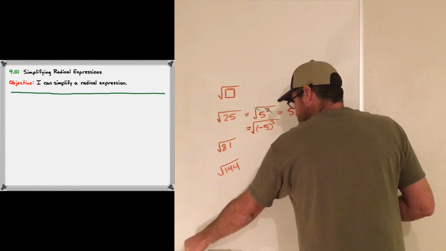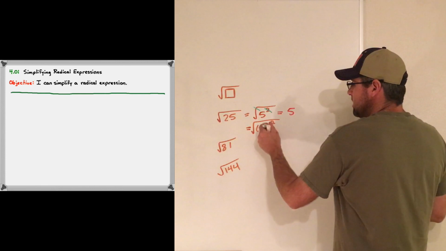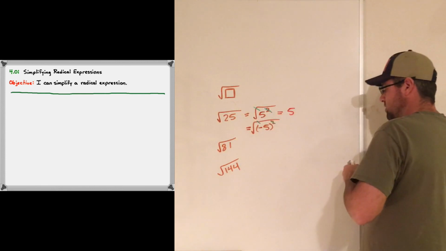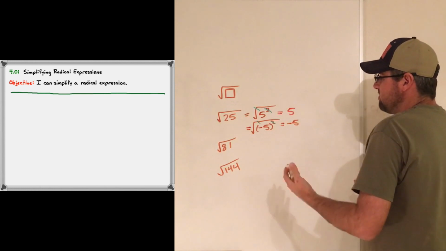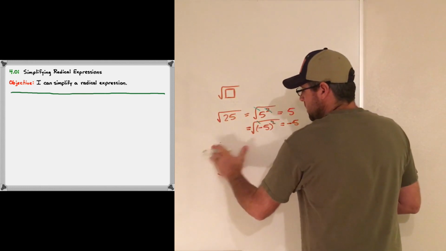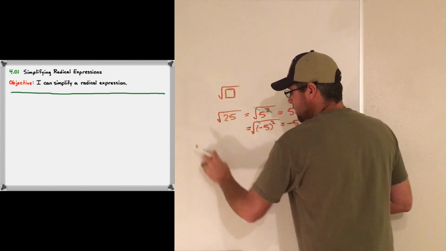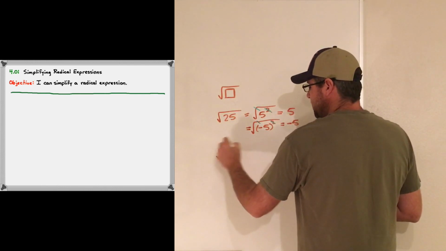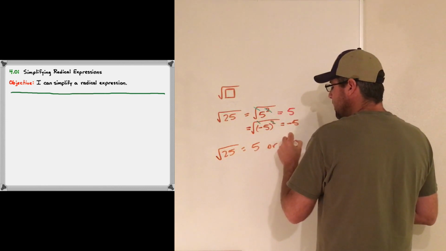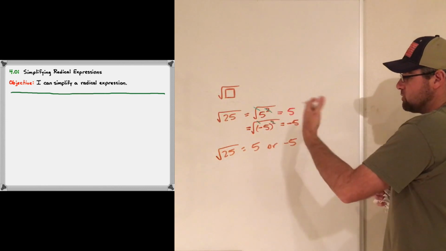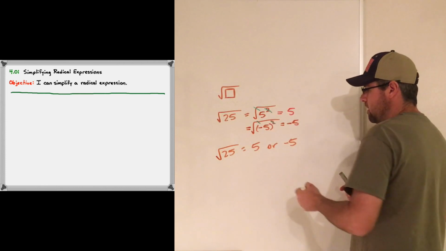And so again, the square and the square root cancel each other out, and we're left with negative 5. So in fact, we would say that the square root of 25 as a final answer is either 5 or negative 5. Not both, it's one or the other, okay?